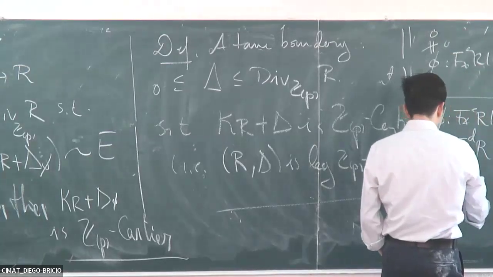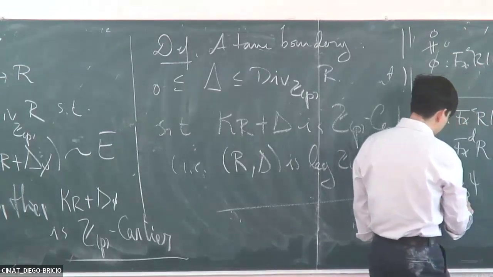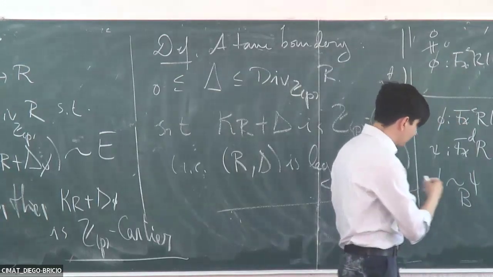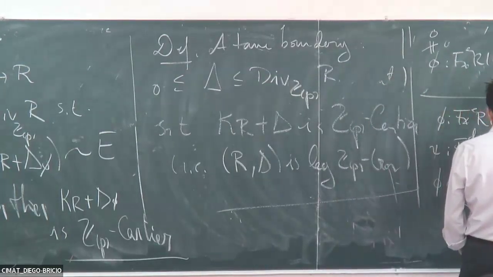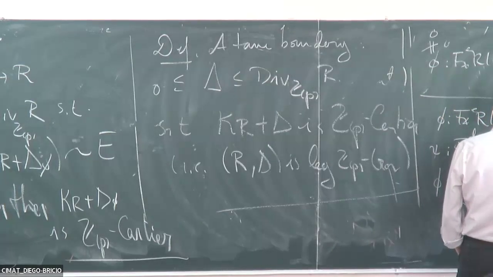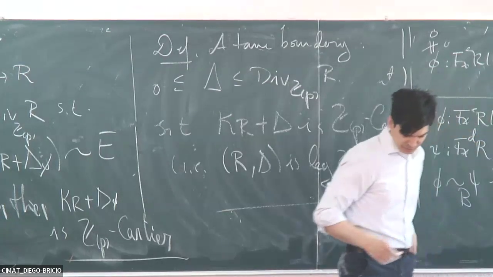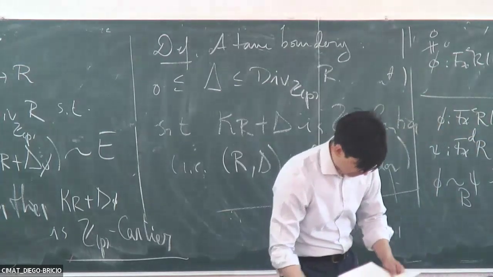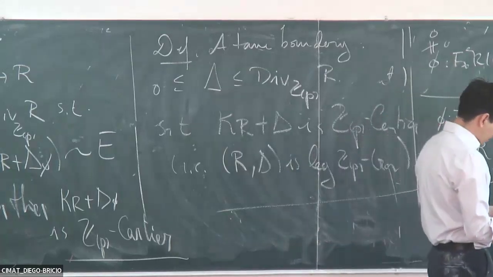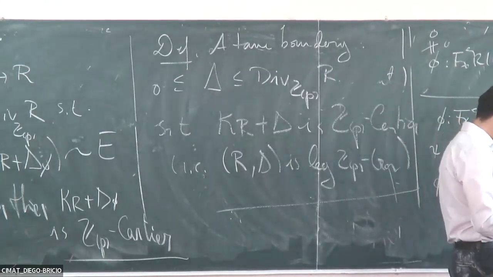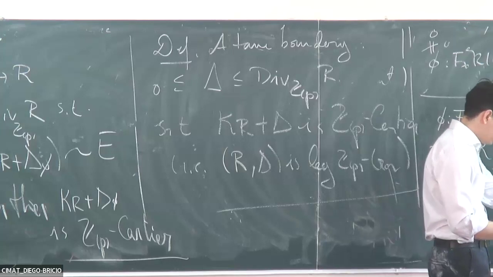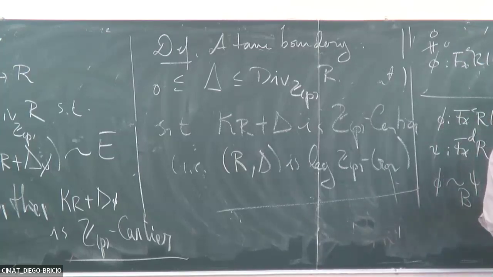So we say that phi is boundary equivalent to psi, let's say, if, well, it's a bit more complicated to write down, unfortunately. But let me write down the answer and then leave it as an exercise.